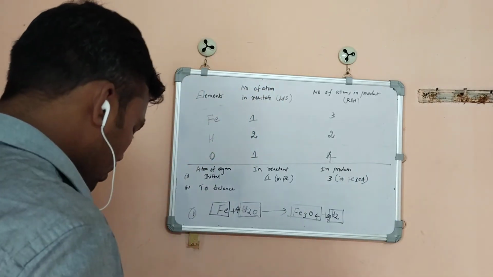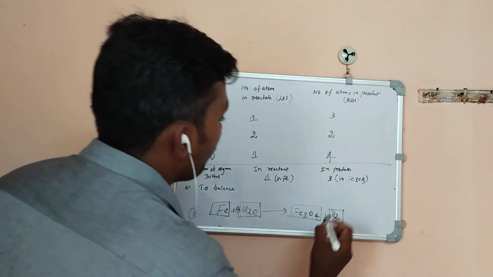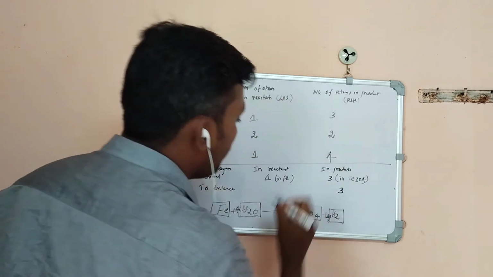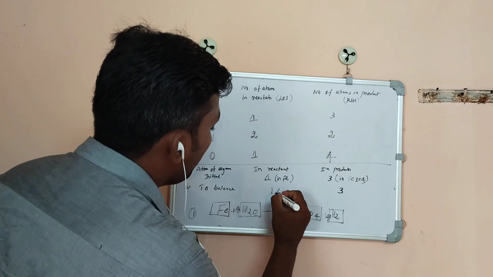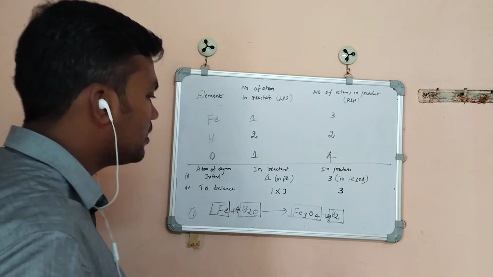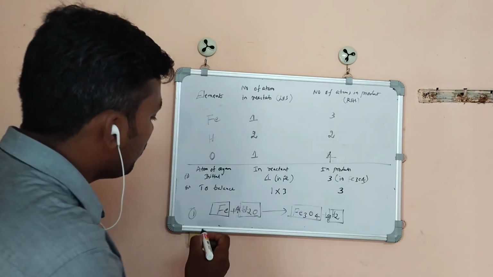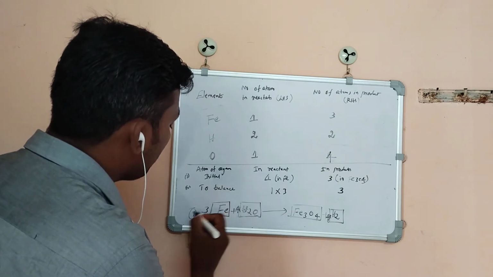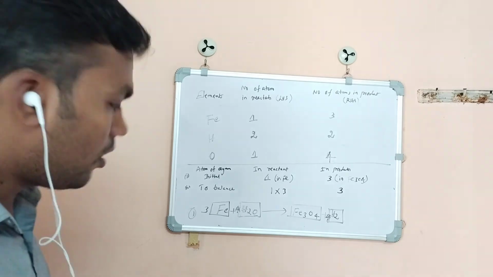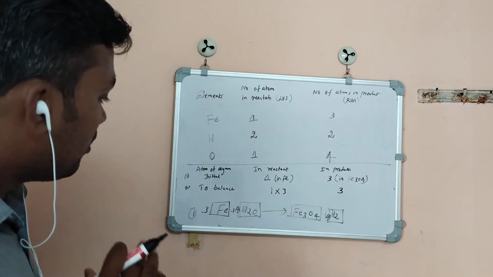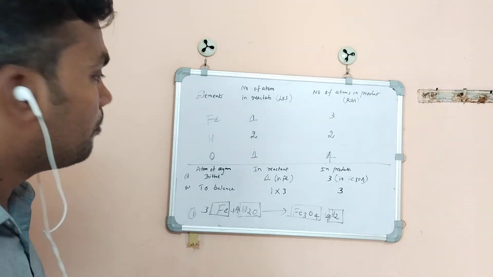Okay, now try to solve this reaction. Here 3 Fe is there. To balance, 1 into 3, that means 3. Now you need to write 3 in front of the Fe in the reactant side. Now the whole reaction setup is balanced.